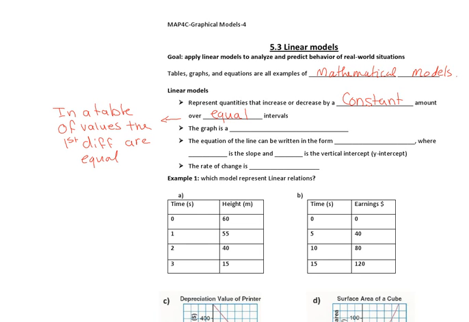That's what tells you that you have a linear relation. We're going to do the first difference, and I'm going to show you how. But to understand that this is a linear model, if you have a table of values, you must do the first difference. And if your first difference is equal, then you have a linear relation.